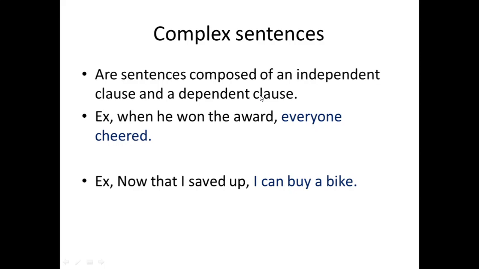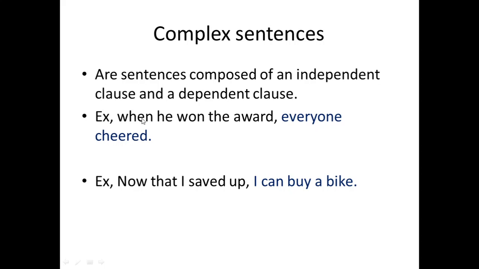Unlike a compound sentence, where we had two independent clauses, and for a simple sentence, we only had one sentence, one idea. Therefore, we had one independent clause. But here, for complex, we have one independent clause and one dependent clause.